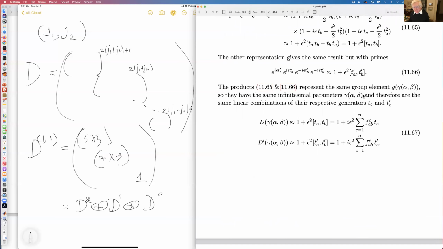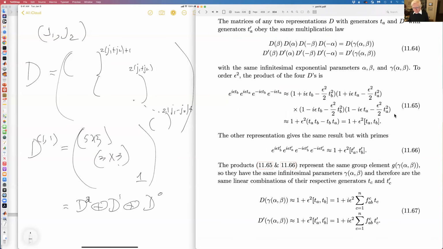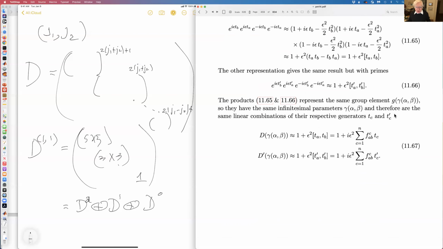So they have the same infinitesimal parameters, and therefore are exponentials of the same linear combination of generators. In this case, we'll call them T_C. The same combination of generators. So the generators in the case of the unprimed representation are just the T_C's.